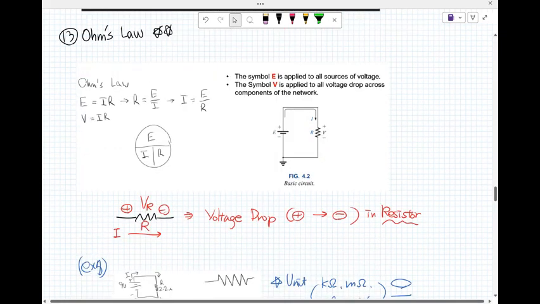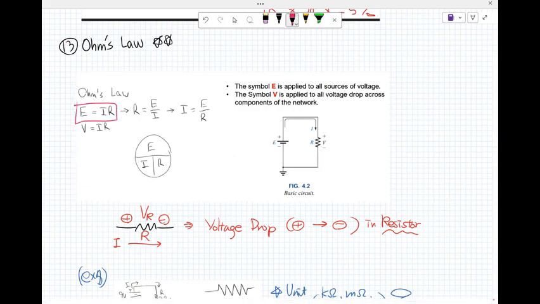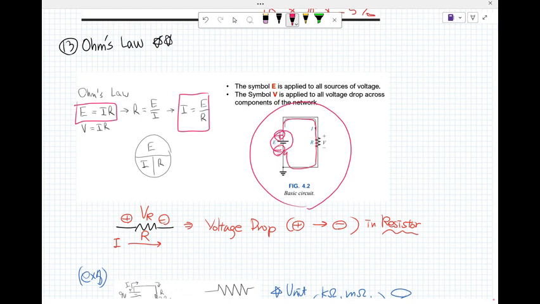All right, one more time, very important. Ohm's law: E is equal to IR, R is equal to E over I, and I is equal to E over R, okay? This is a really basic circuit. This is a battery, plus high potential, minus low potential, and the current flows from plus to minus. After passing through the resistor, there arises a voltage drop, V sub R. So usually E is equal to V sub R because we don't care about the losses, okay?